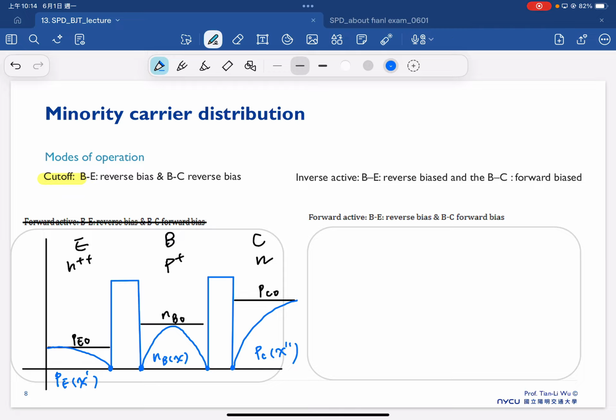And the last one is the inverse active, which is completely opposite compared to the forward active.